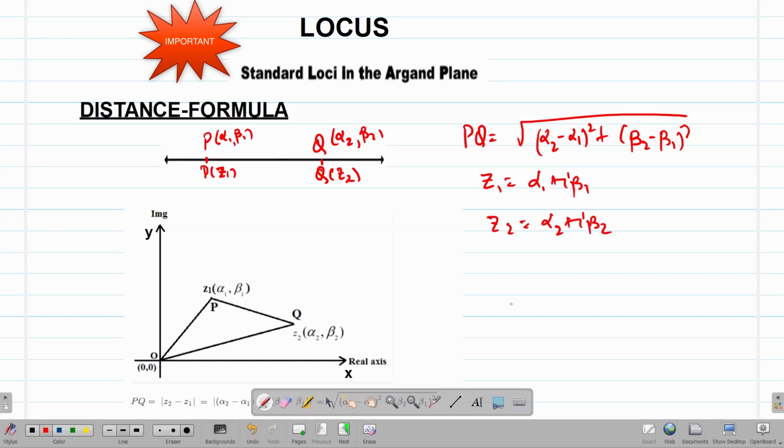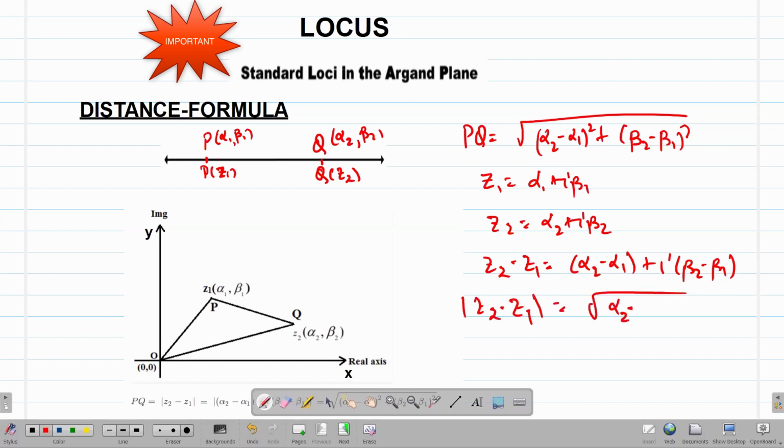And Z2 minus Z1 is what? We subtract real from real part and imaginary from imaginary part. So Z2 minus Z1 is (alpha 2 minus alpha 1) plus iota (beta 2 minus beta 1), and its modulus is the square root of the square of the real part plus the square of the imaginary part.